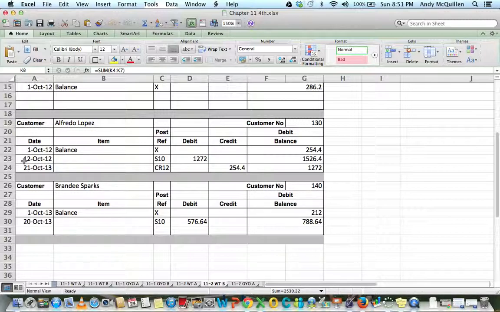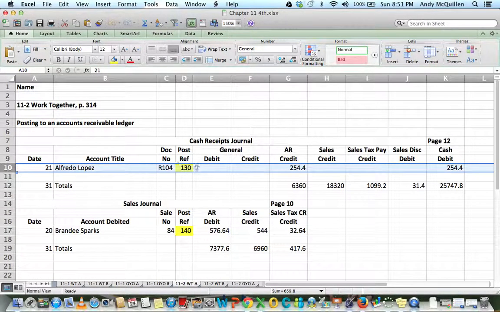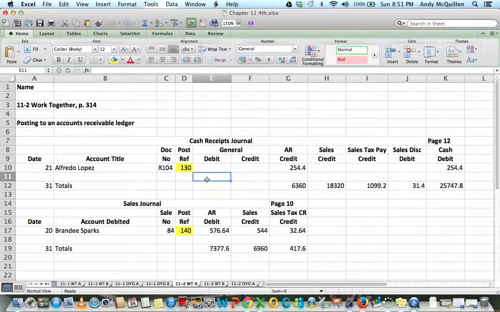On the 21st of October, it's going to be a CR12, Cash Receipts Journal, page 12, credit, 254.4. Debit balance is going to be 1272. We go back to part A, and that's post reference 130.